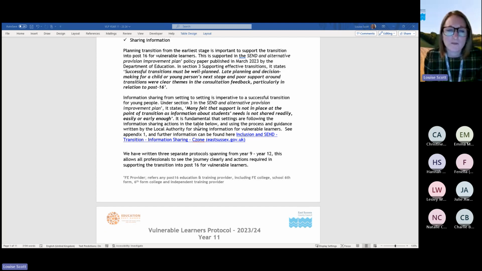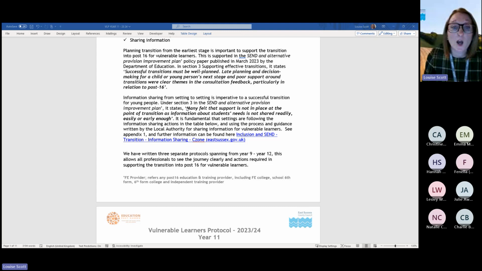Again, we've put this in here because information is such a key transition activity as part of the transition into post-16. As we go through the document, we do talk about information sharing in a little more detail, but it was really important that we highlighted that.